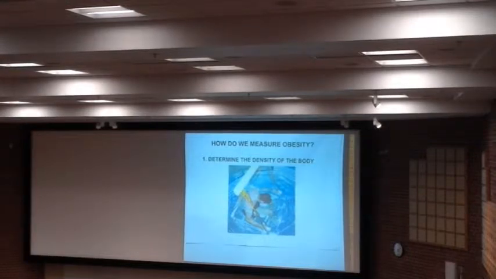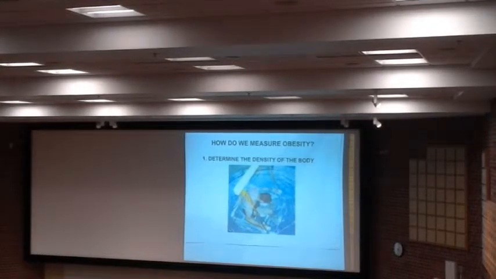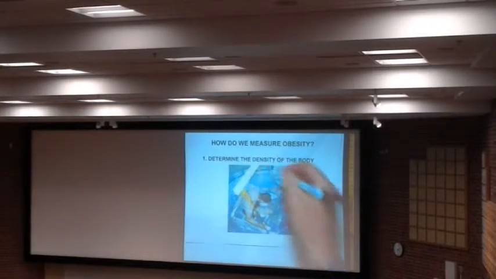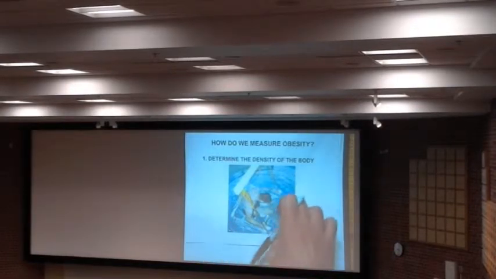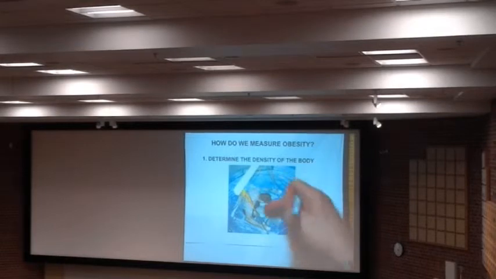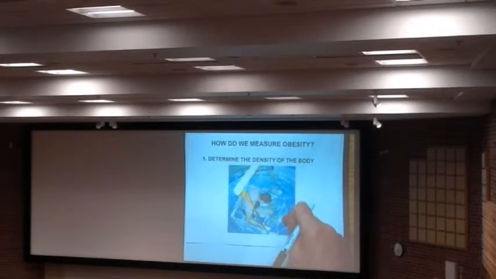From measurements of weight and volume, you get density. Fat cells are a lot less dense than muscle cells, so that density is going to depend on the percent of fat in the body. This gives fairly accurate measurements of the amount of fat. The problem with this method is it's very time-consuming and very costly.